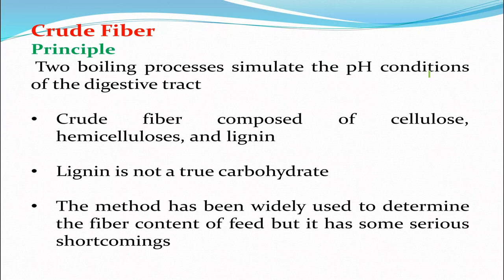Then already we have discussed the disadvantages of the estimation of the crude fiber. The crude fiber has three important components: cellulose, hemicellulose, and also lignin. Lignin is not a true carbohydrate, but it has some structural similarity.